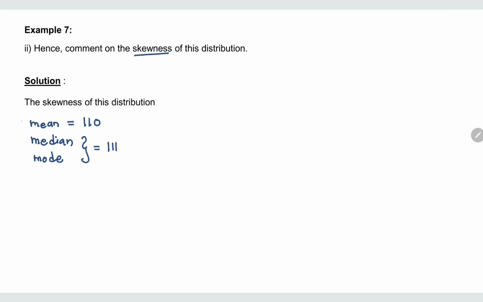So it's enough to compare mean and mode. So we have the value of the mean less than the mode. Since the mean is less than the mode, we can say that the distribution is negatively skewed.